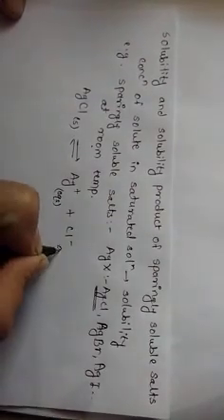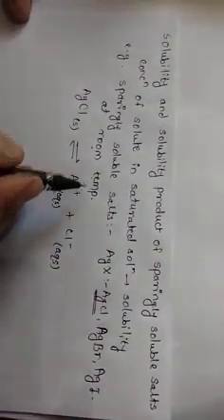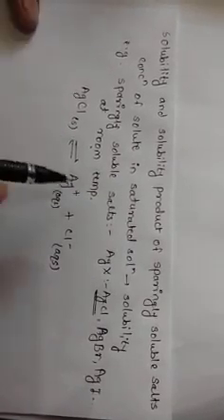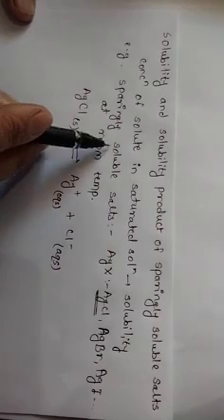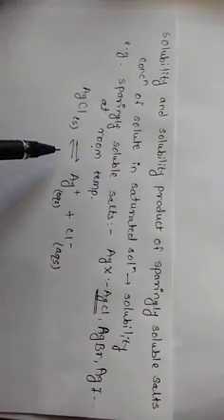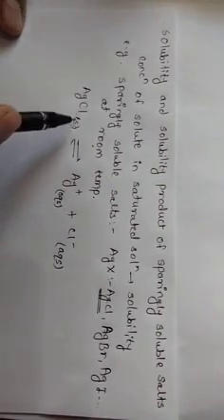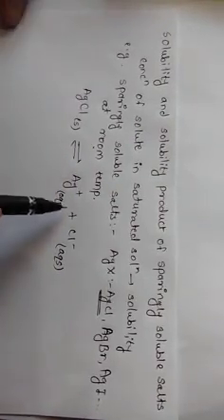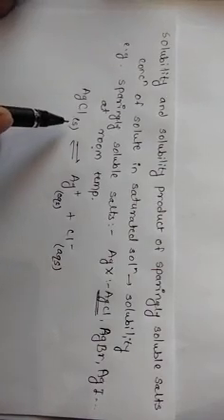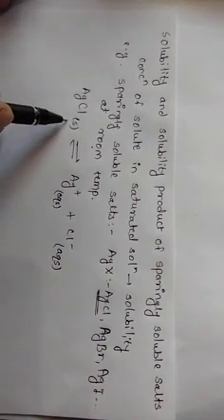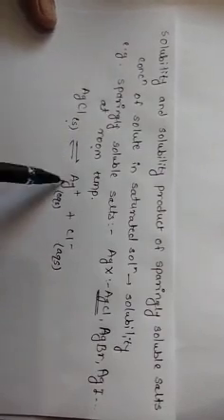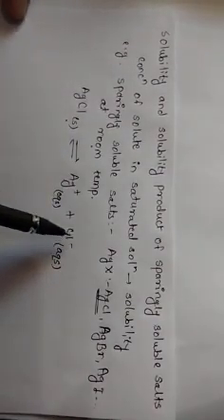As this is sparingly soluble, it is a moderate electrolyte, so complete ionization does not take place, but some molecules remain in the undissociated form. So Ag plus and Cl minus are formed.